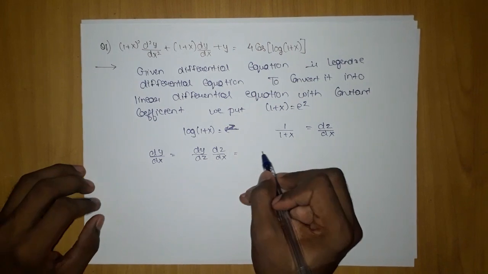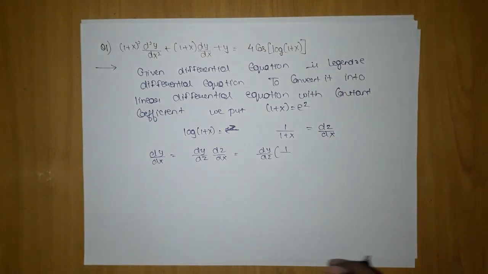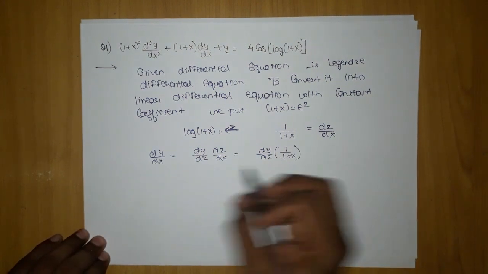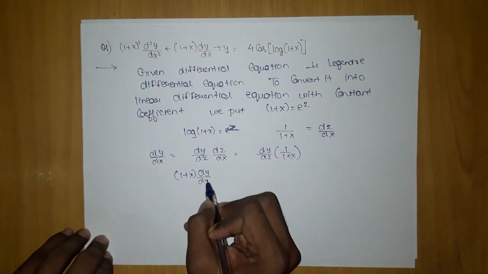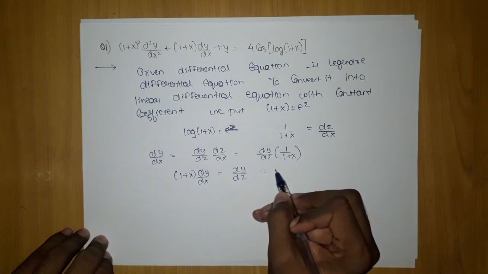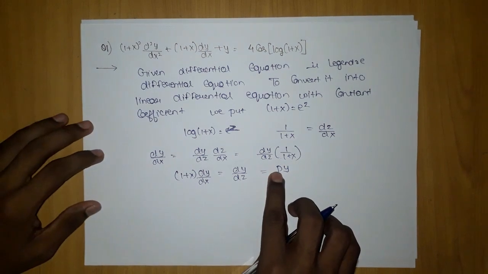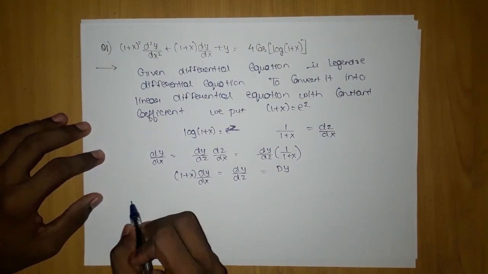We know the dz by dx value, so it will be dy by dz into 1 by 1 plus x. Agree? We will move this on that side. So 1 plus x into dy by dx is nothing but dy by dz, which we call Dy. So we got this thing. Now similarly here our a is what? 1. That's why we are not writing it.